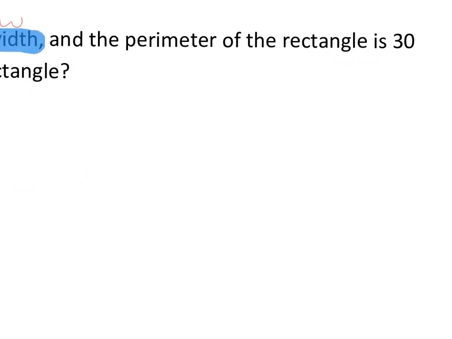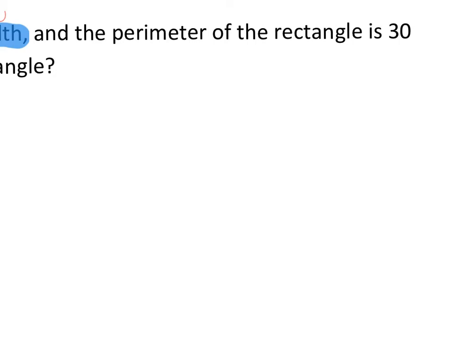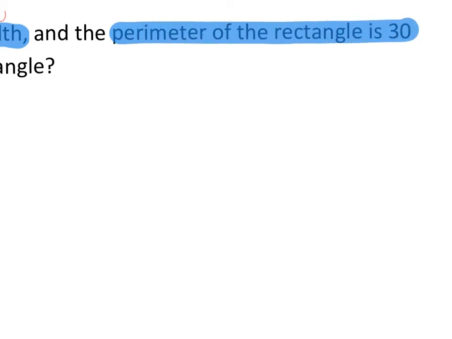Let's go to our second part. After the comma, it says the perimeter of the rectangle is 30. Now you need to think about how we find the perimeter of something. You're going to add up all the sides. If you're thinking about a rectangle, you've got length, length, width, and width.